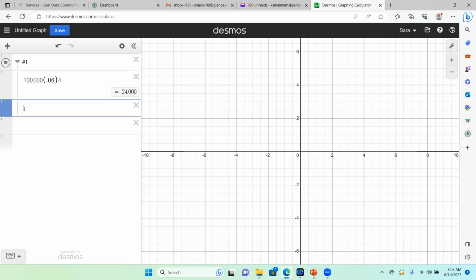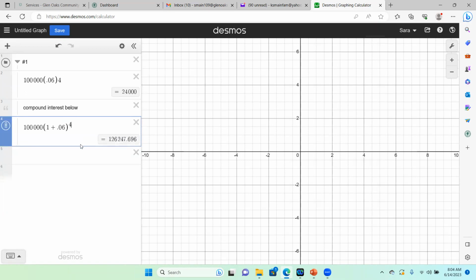Now the compound interest is going to be the 100,000 times 1 plus the rate, which is 0.06. And then if you use your shift and your 6 key, you can do the exponent here, and that is going to be to 4.